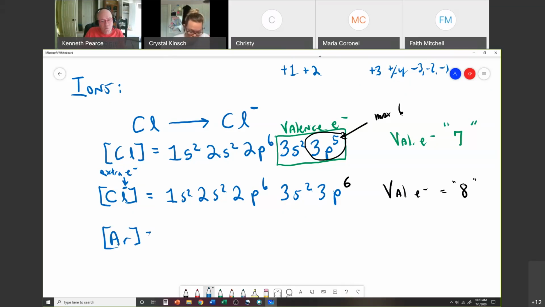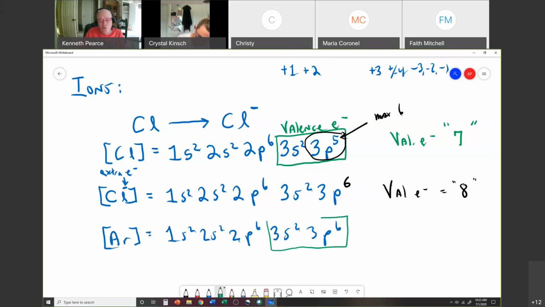Argon is 1s2, 2s2, 2p6. There's your first full shell, 2p6, which is neon. And then we drop down and we see 3s2, 3p6 for argon, and its valence electrons is 8. So argon has 8 valence electrons.